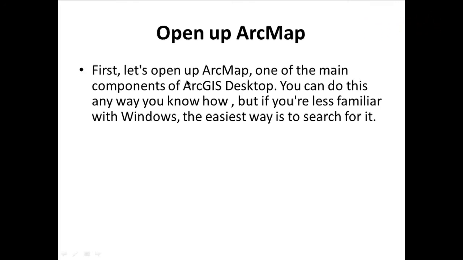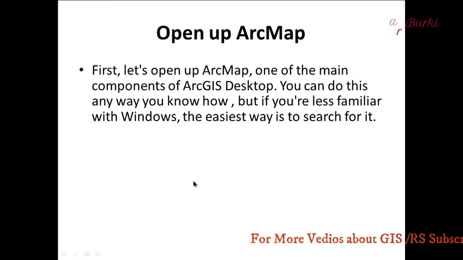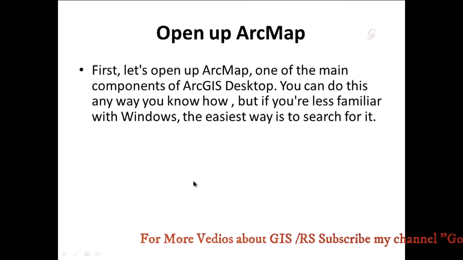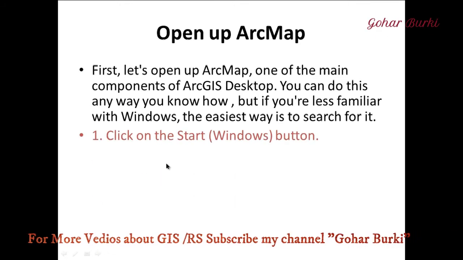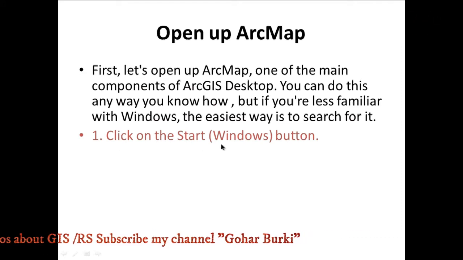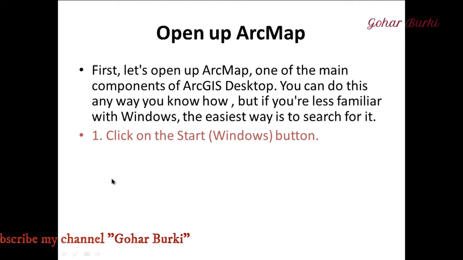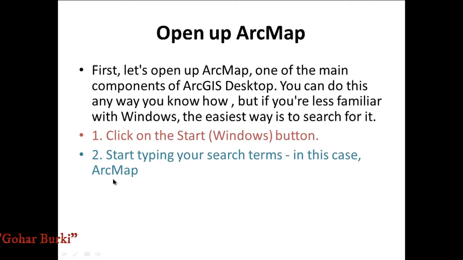Let's open up ArcMap, one of the main components of ArcGIS Desktop. You can do this any way you know how, but if you are less familiar with Windows, then the easiest way is to search for it. Click on the Start Windows button and then start typing your search term, in this case ArcMap.